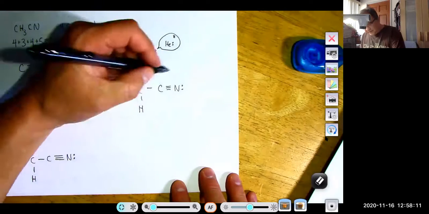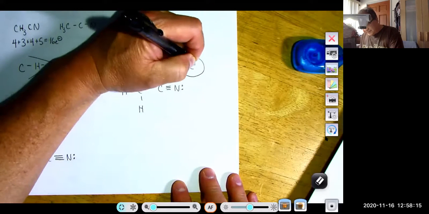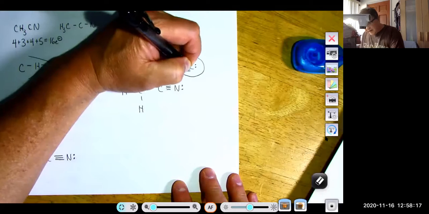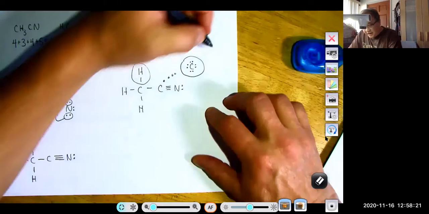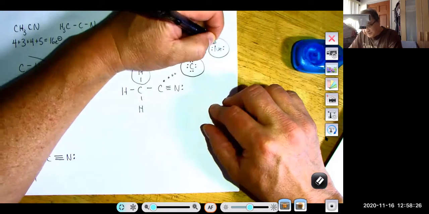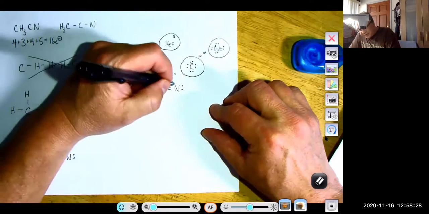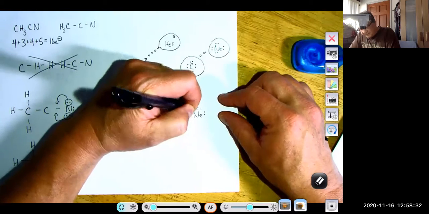This carbon, it's thinking, well, geez, I've got a total of 8 valence electrons around me, which means I look like neon. I'm noble. What's this nitrogen thinking? It's thinking it also looks like neon.